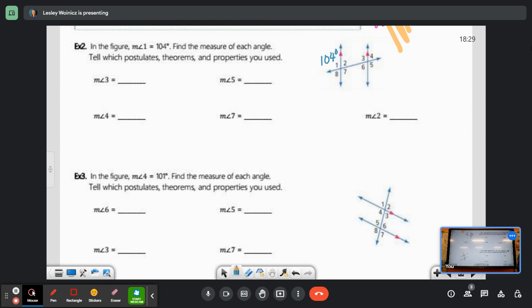So if I look at angle 1 and angle 3, they are on the same side of my transversal, and they're also on the same side of the parallel lines that I left blue. They're both on the left. So they are corresponding angles, and corresponding angles are congruent. So 3 has to be 104 also by the corresponding angles postulate.